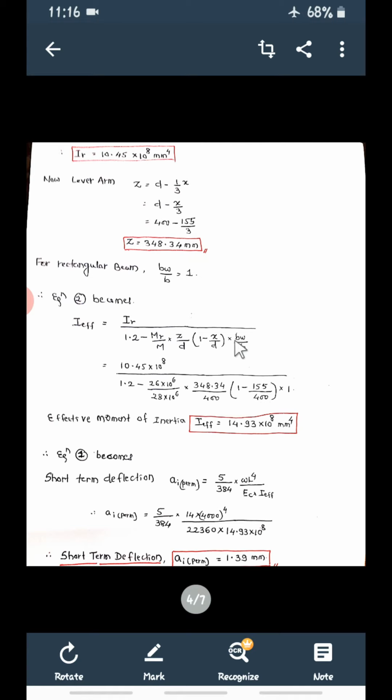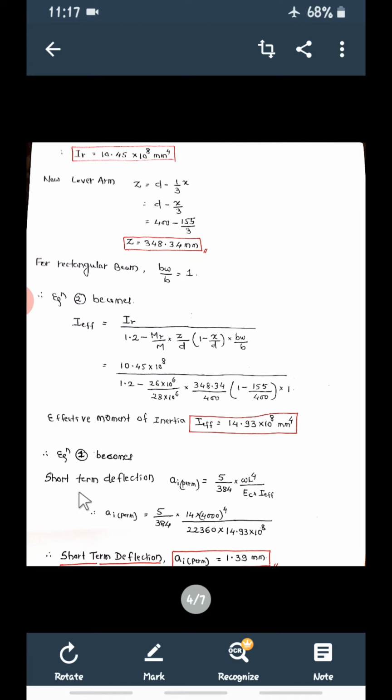This term bw by b will be 1 for rectangular. So calculate the effective moment of inertia. I effective is equal to 14.93 into 10 raised to 8 mm raised to 4. This is the effective moment of inertia.